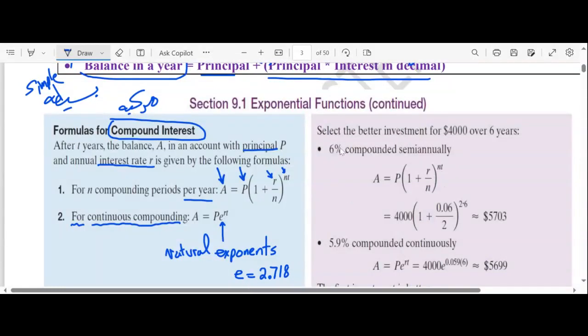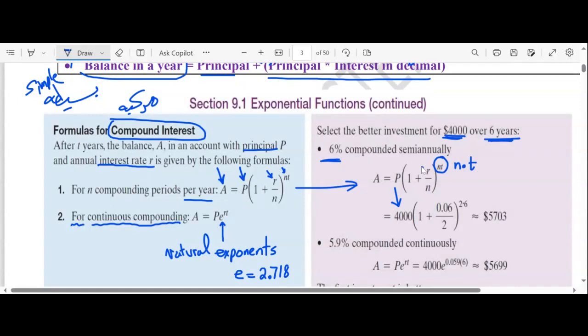Take a look here. Select the better investment for $4,000 over how many years? 6 years. What is the interest rate? 6%. So we'll apply the formula. What's the formula? A equals P times 1 plus R over N, to the power of N times T. So what is the principal? 4,000.